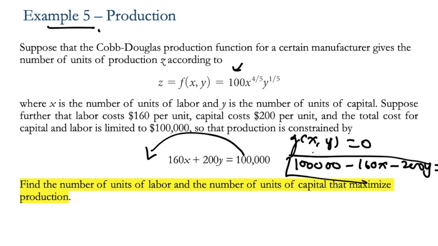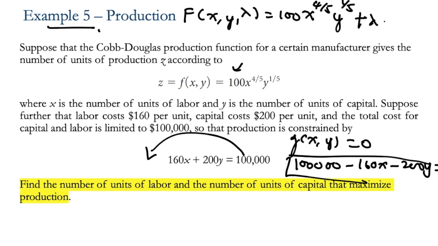Alright, so then you can have the Lagrangian function. So here, if you write it, f(x, y, lambda) equivalent to 100x to the power of 4/5, and then times y to the power of 1/5, okay, and then plus lambda, and then in bracket, I write in the bracket here because I don't have enough space, 100,000 minus 160x minus 200y, close the bracket.